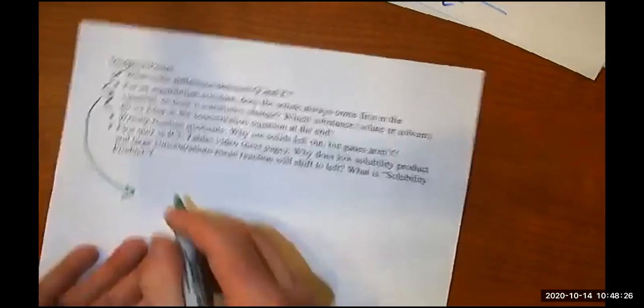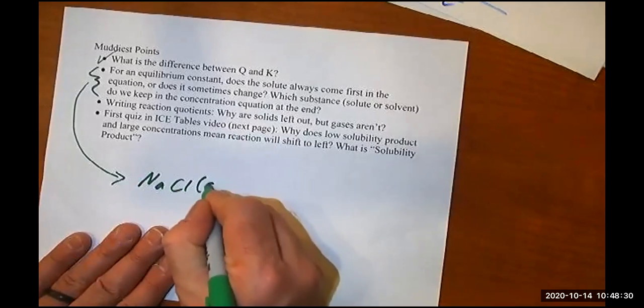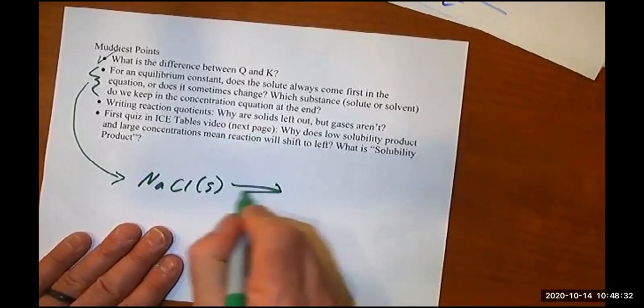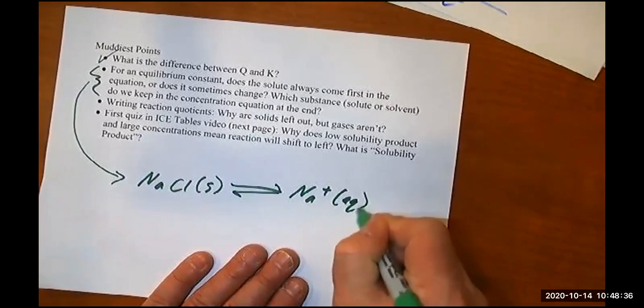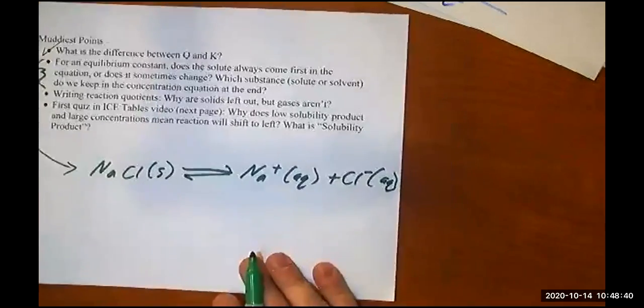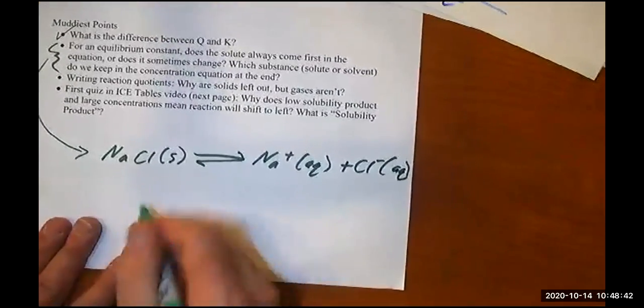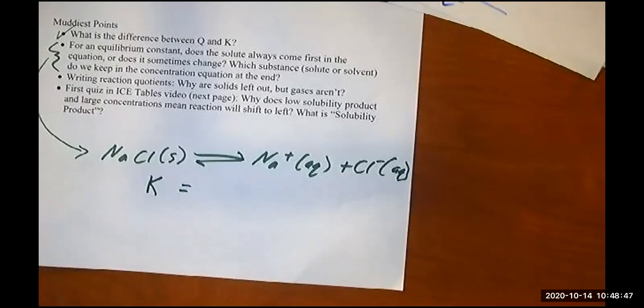And so a solubility equilibrium would be something like NaCl solid is in equilibrium with Na plus aqueous plus Cl minus aqueous. Okay. And so let us write down our equilibrium concentration equation for this.